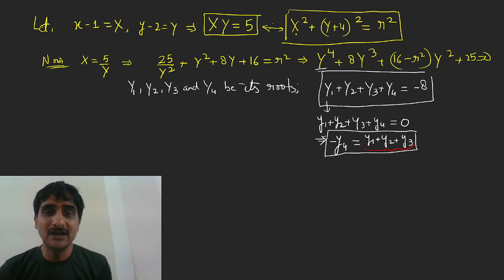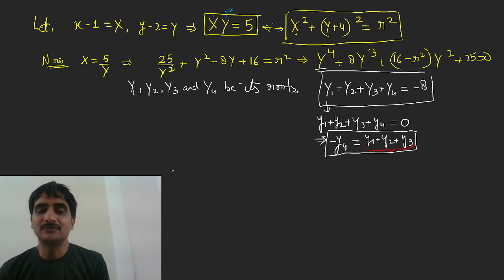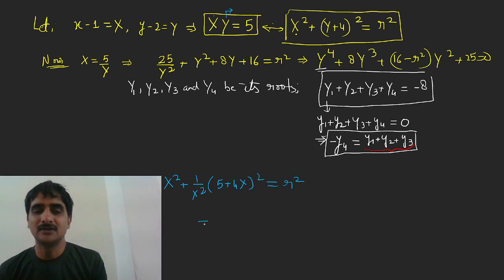Now similarly I will put y equals 5 by x here. So how much will that be? X squared plus 1 by x squared times (5 plus 4x) whole squared equals r squared.